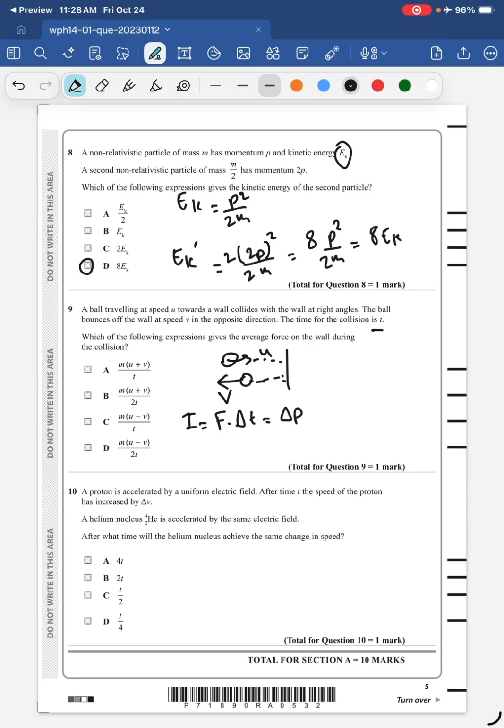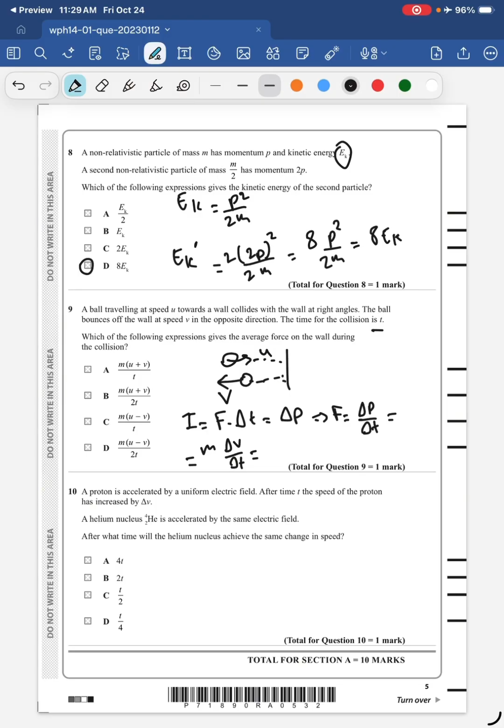Okay, so the force is delta p over delta t. So the mass of the ball is m, and then we have delta v. So m delta v over delta t.